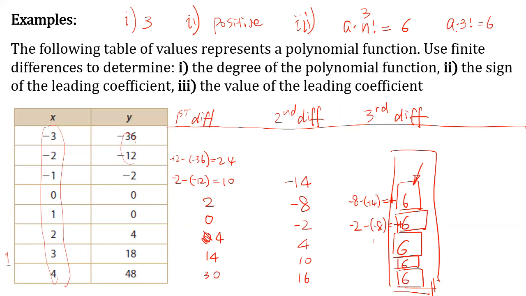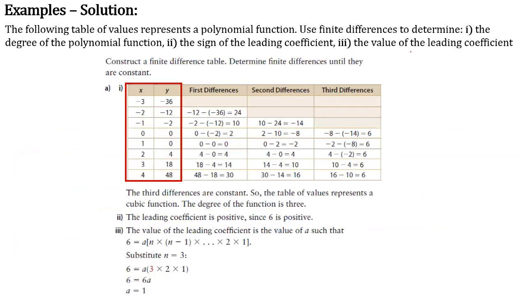And we know that 3 factorial is a multiplication from 3 all the way down to 1. So in this way, we can calculate that a equals 1. That means the leading coefficient is 1. Understand? Okay, a clear, nicer writing of the solution is illustrated here. You can read it after the class. All right.